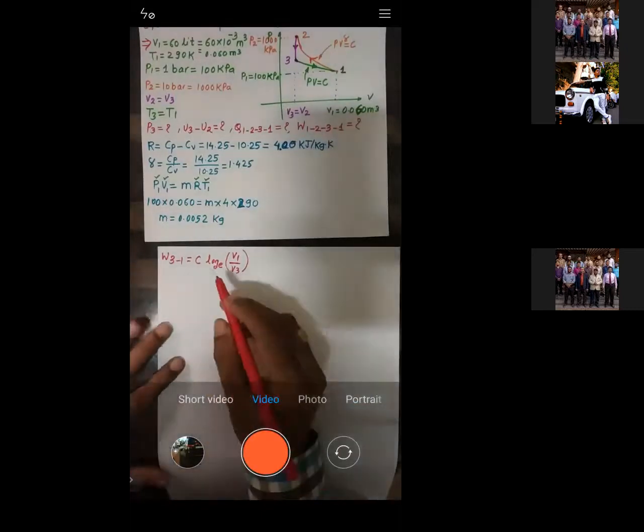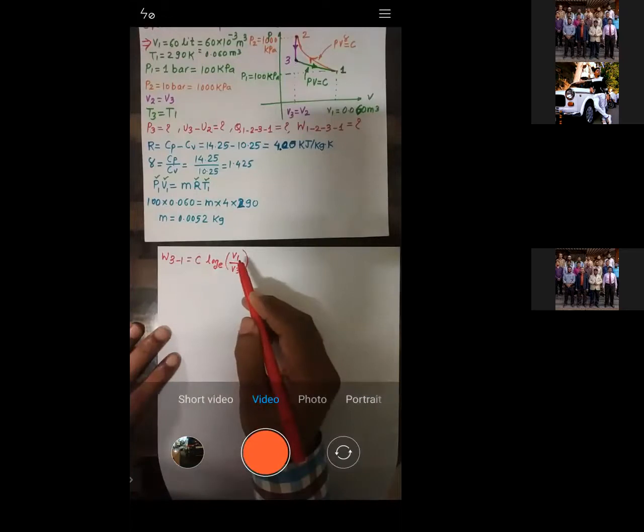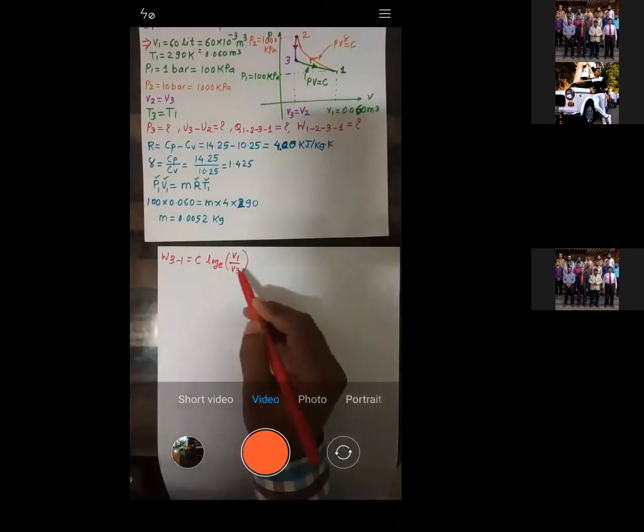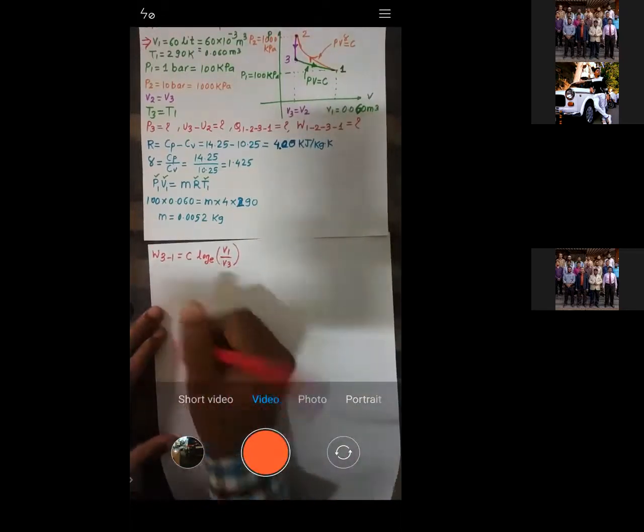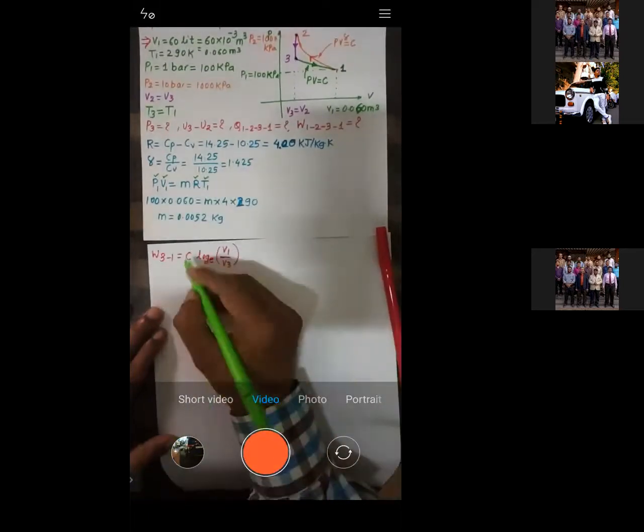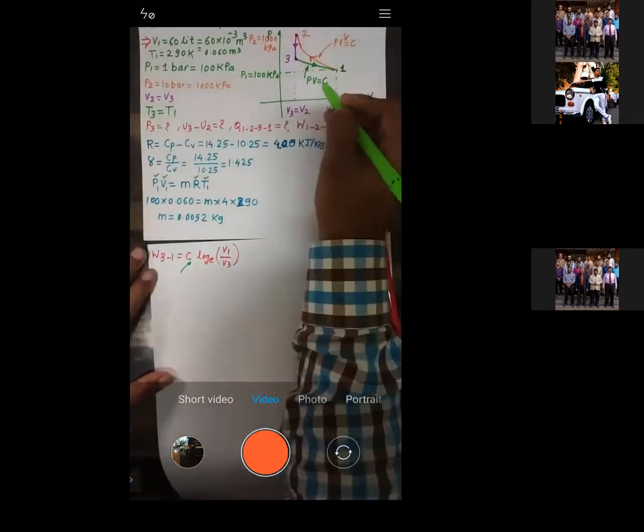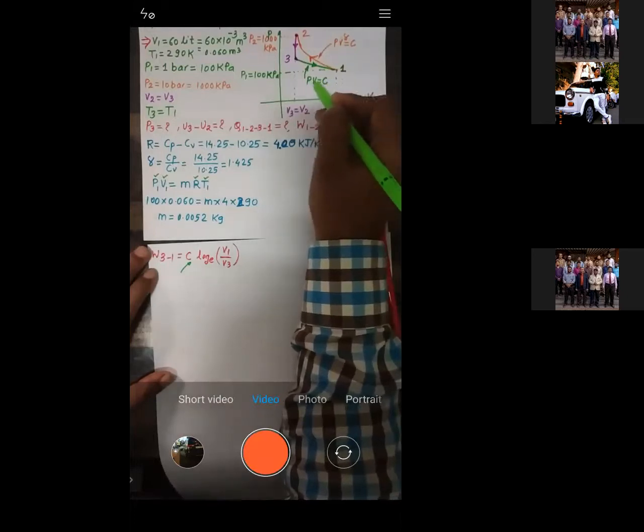Same thing I have taken. C into log to the base e. Final volume is V1, initial volume is V3. Now see, instead of C, what is C? C is nothing but PV. You can check. So that means it is P3 V3 or P1 V1.